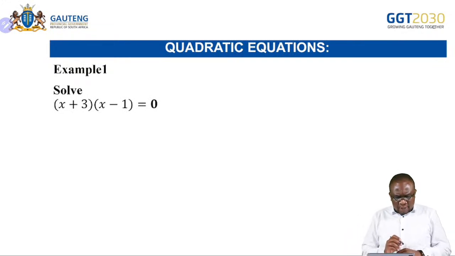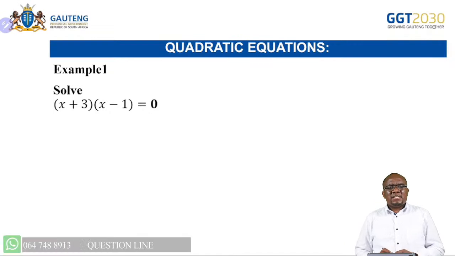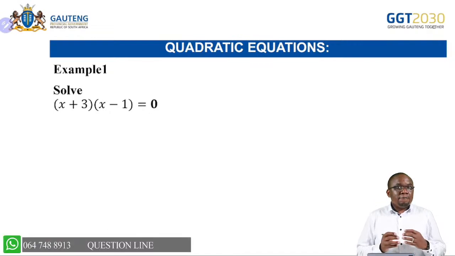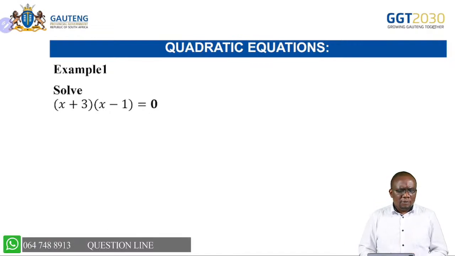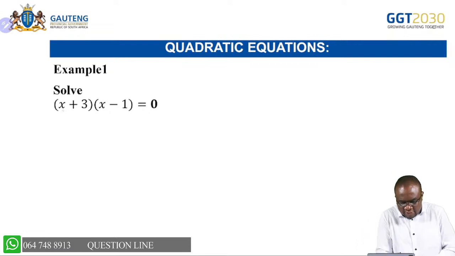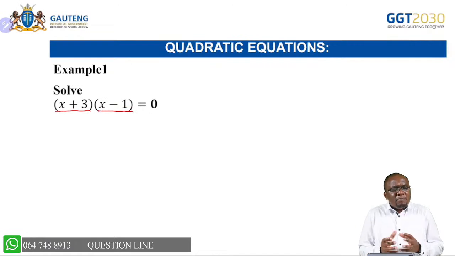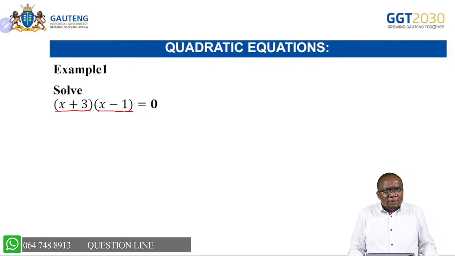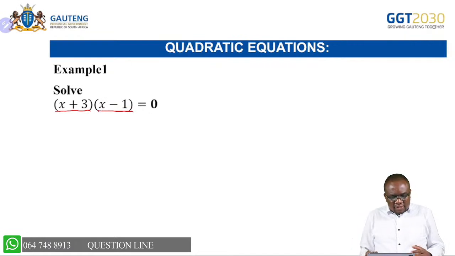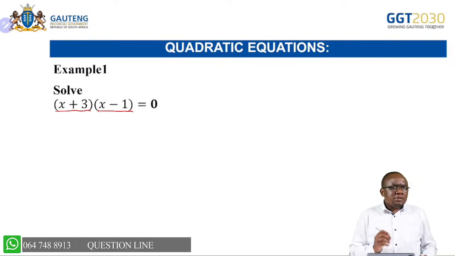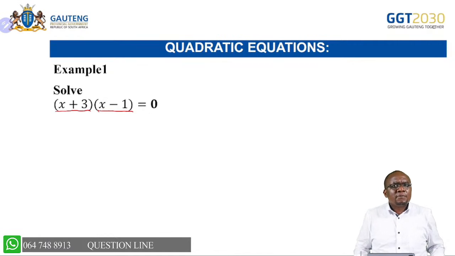I hope so. Right. The good thing about this equation, it has been factored for us. We have our factors. It is this bracket times this bracket. We're multiplying these two brackets, we're getting a 0. So what does that mean? It means that it's either x plus 3 is equal to 0 or x minus 1 is equal to 0.